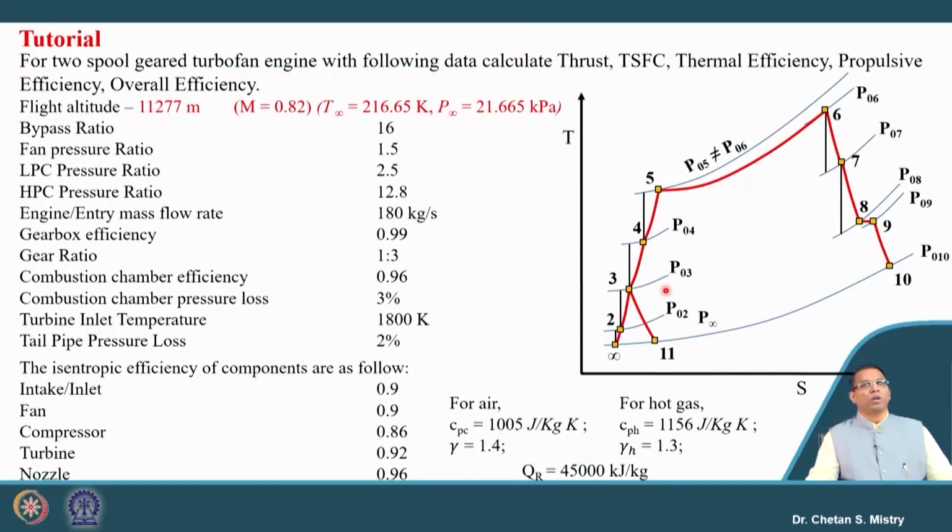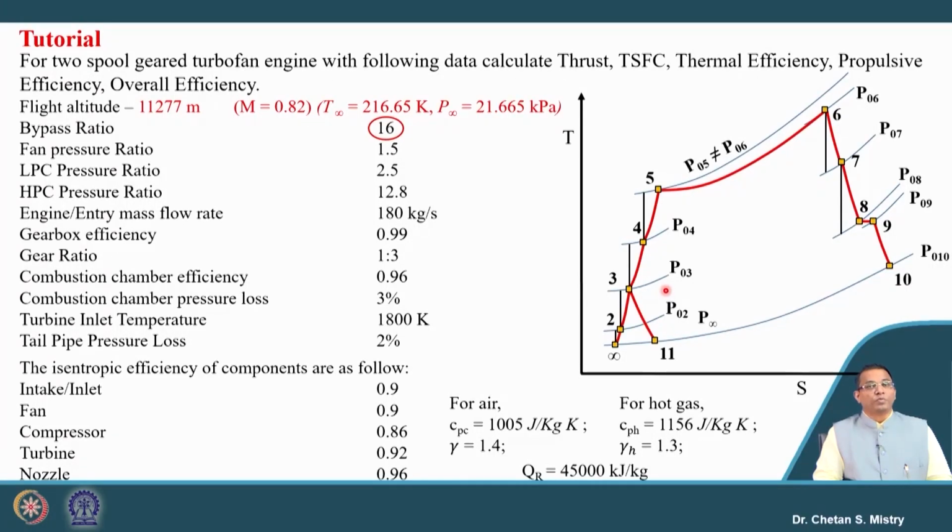Now, let us take the next numerical here. This numerical we will be taking as a variant. This variant we are considering here is the bypass ratio. So, all other information will be the same here, rather than changing other parameters.